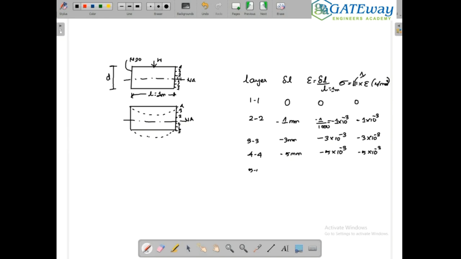Layer 5, here it is elongated. So it's a 1 mm elongation, so plus 1 mm. Therefore it is 1 into 10 power minus 3.